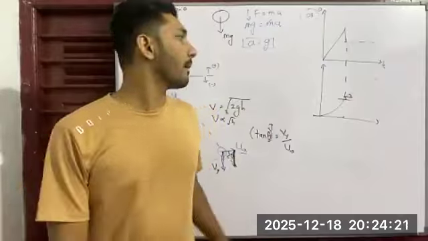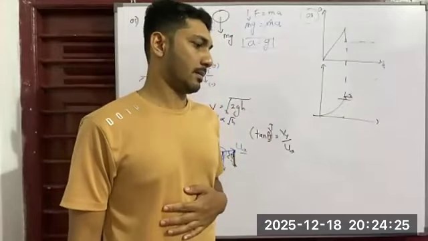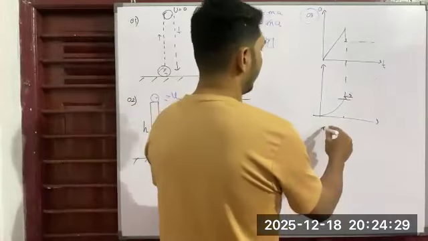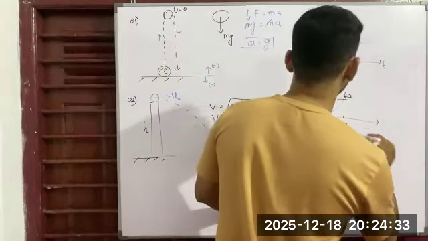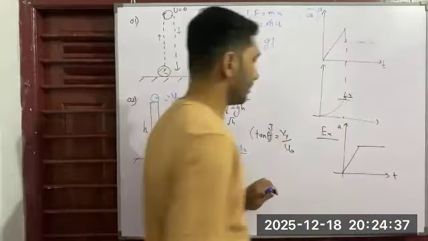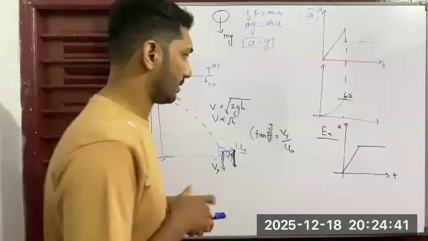Got it? For example, if the question is like this, acceleration time, how would the velocity time graph be?